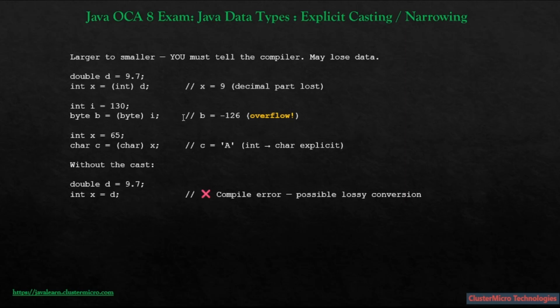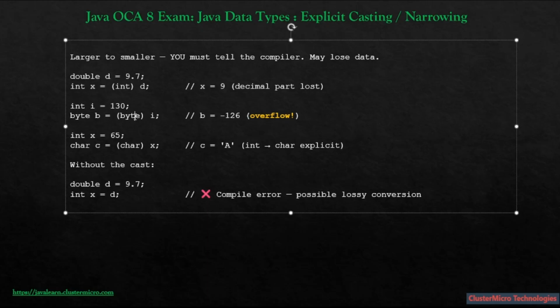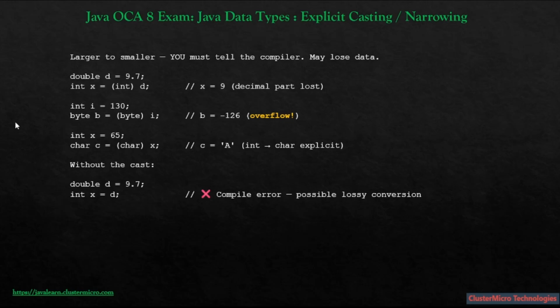A byte can hold up to 127, but this is more, so it will cause a problem. Something called overflow will happen. In such cases you take 130 minus 256, that is -126. So the byte's value will be -126 here, not 130.